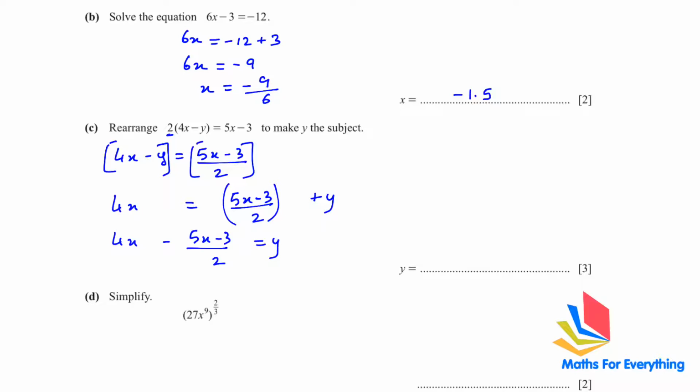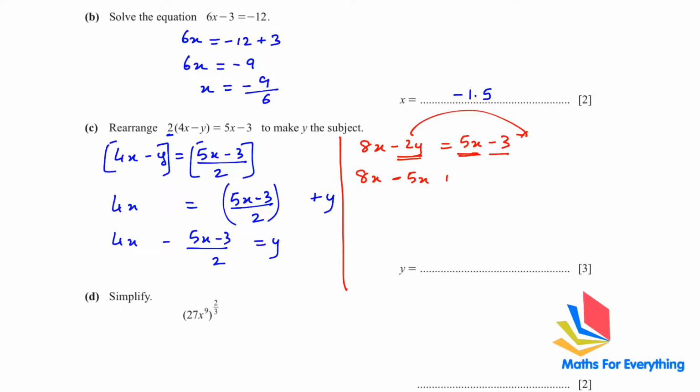The other way would be by expanding the bracket. We will have 8x minus 2y is equal to 5x minus 3. We want to make y the subject. Our y has to be positive. So the y will bring to the other side, everything else on this side. 8x. The 5x when we bring here, it will become negative 5x.